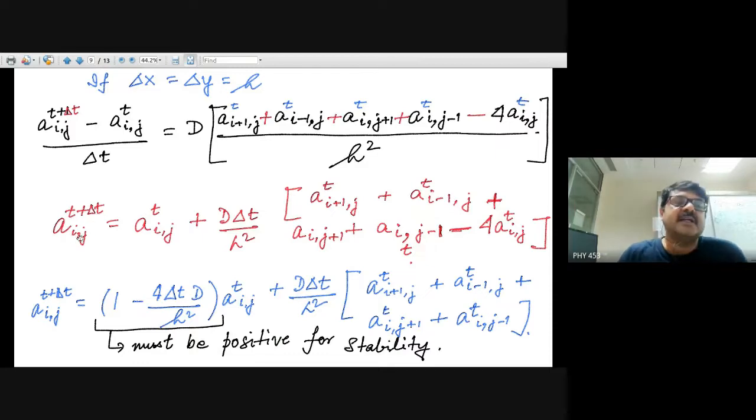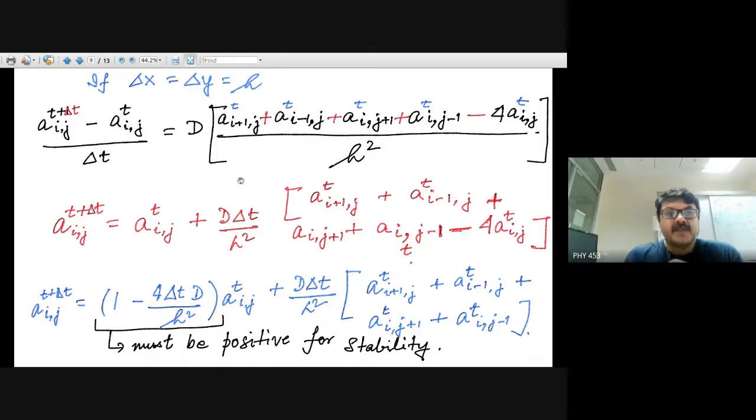Similarly, you can do this for each lattice site, and then you will get the value of aij at t plus delta t for all lattice sites, and then you can calculate the value of a at any lattice site at time t plus 2 delta t, right? Because now you know the values of a at all t plus delta t, so then you can calculate for the next time.